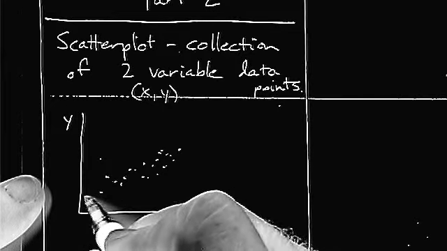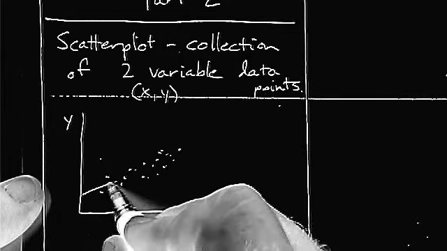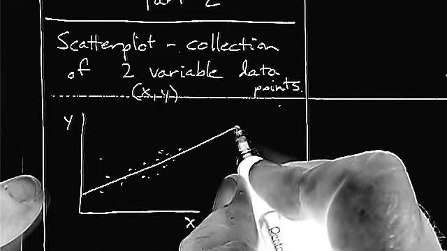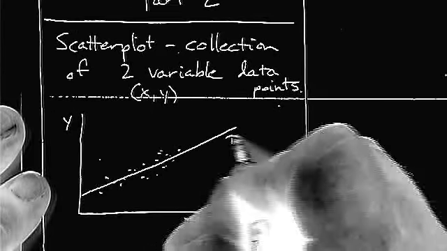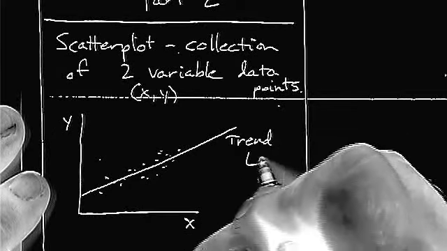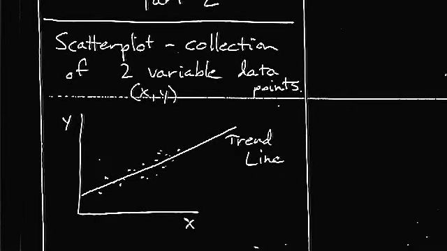So what we want to do is find a line that goes through the data and follows the pattern. We call this a trend line. It's a line that goes through the middle of the data, but it must follow the pattern of the data.